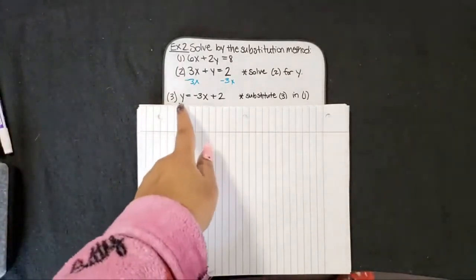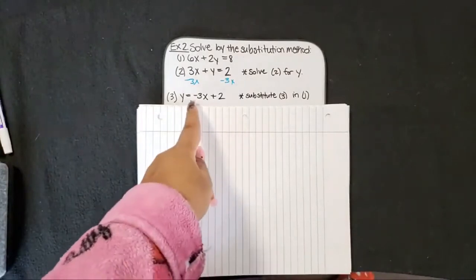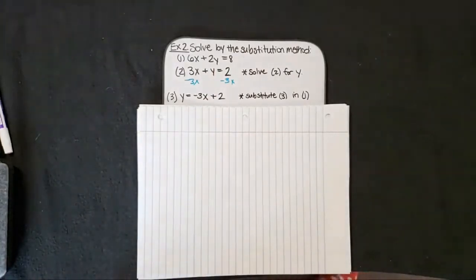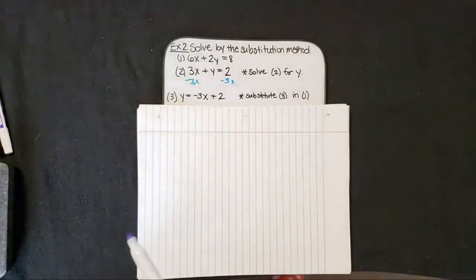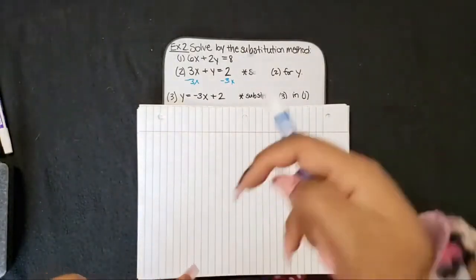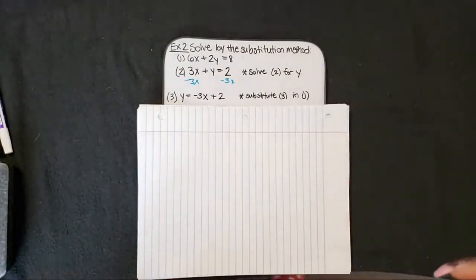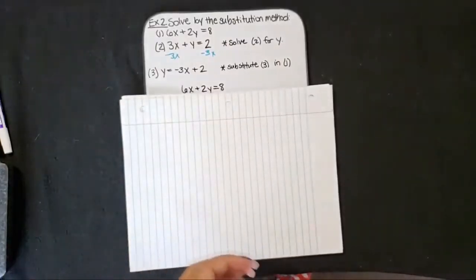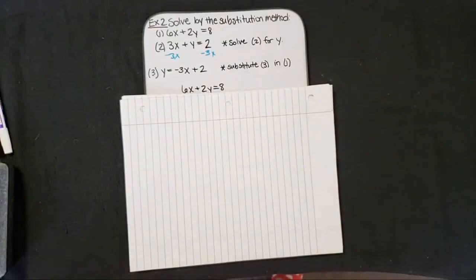You cannot take our new equation 3 and plug it back into the equation that we changed in order to create equation 3. I hope that's making sense, okay? So we took equation 2, changed it, and now we're plugging it into equation 1.